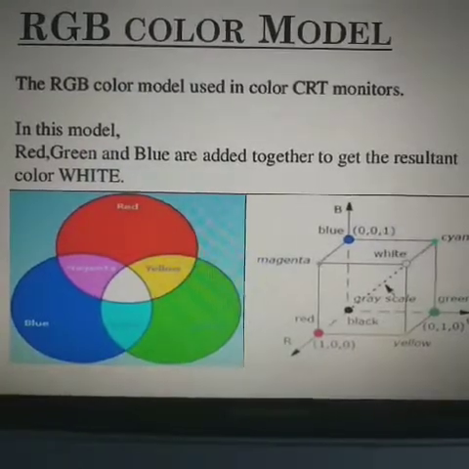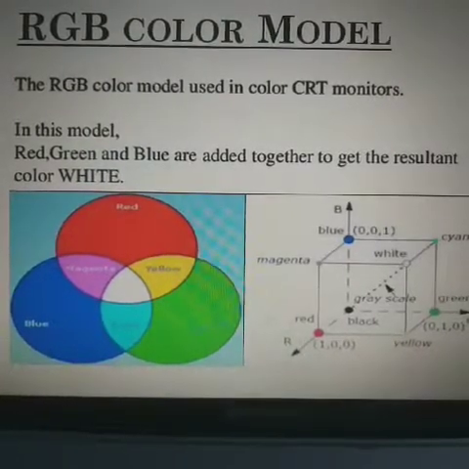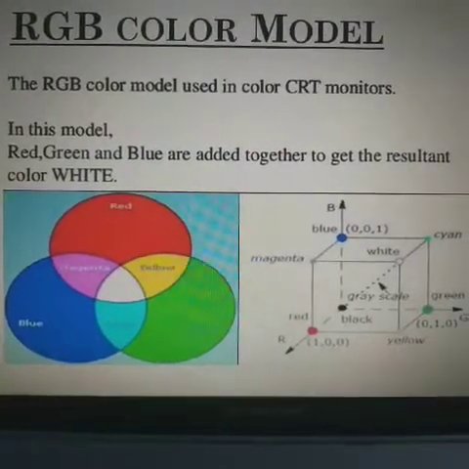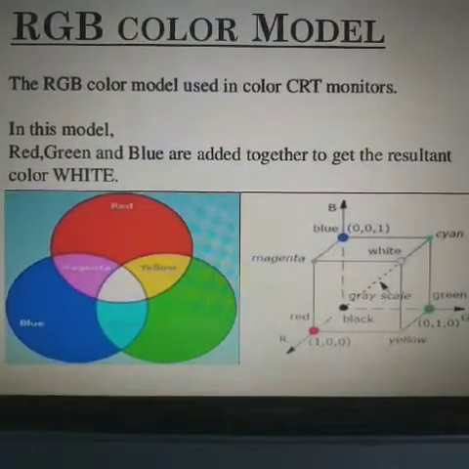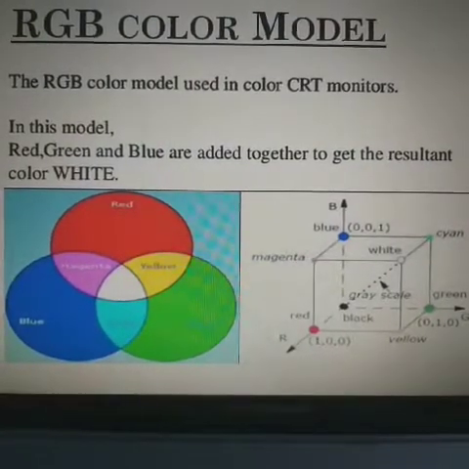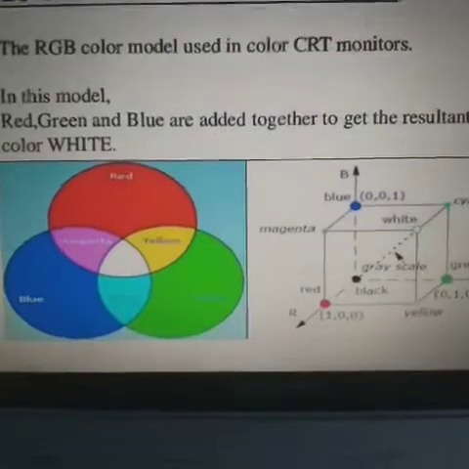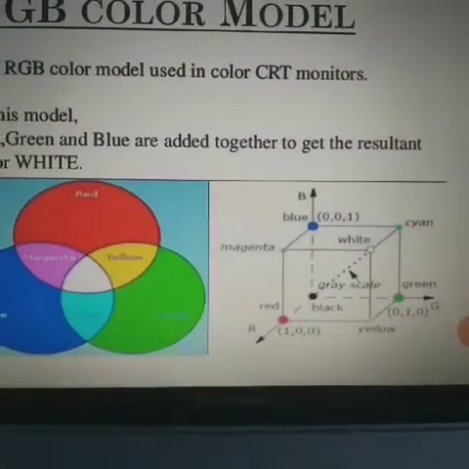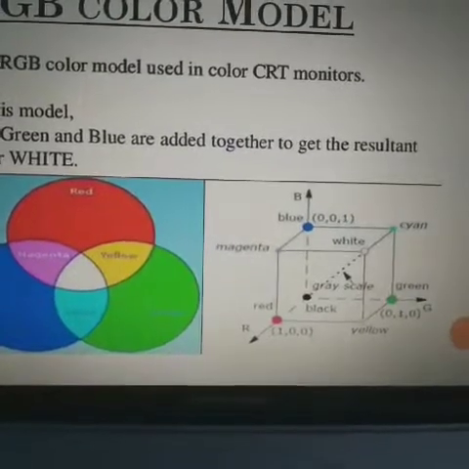So basically the RGB color model is used in color CRT monitors. RGB means red, green and blue, which are added together. With the combination of three colors we get the white color. This is the three-dimensional image for the red, green and blue color model.